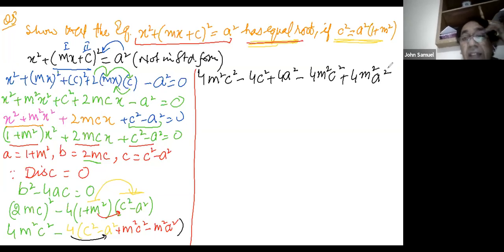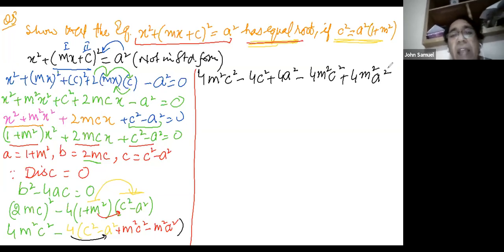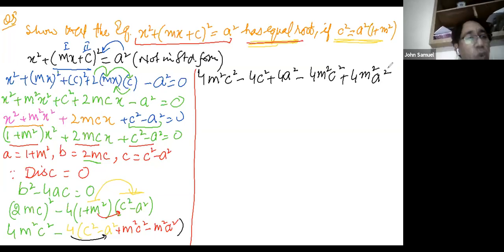Now, if there are some common or similar terms, you can collect those terms. If you look carefully, 4m square c square minus 4m square c square, since these are two opposite terms, we can cancel them. Now, what we have remaining?